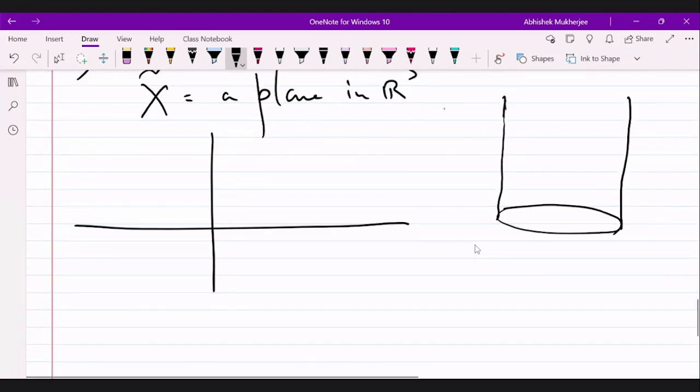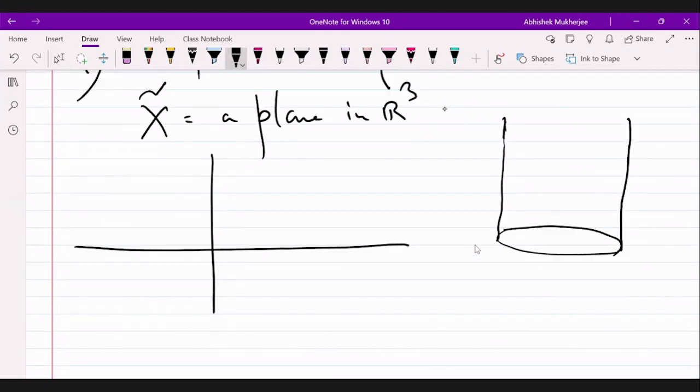It is an infinite cylinder, so I'm just taking this part.